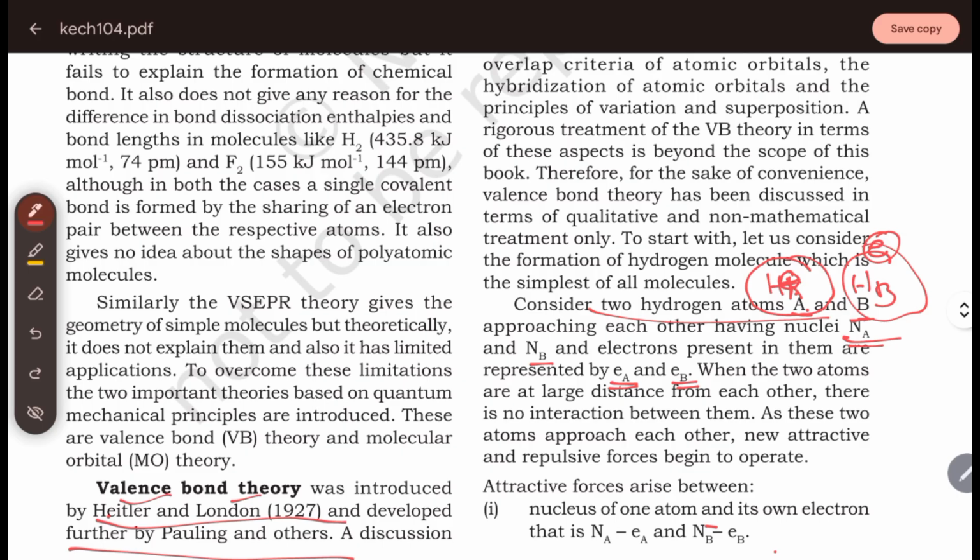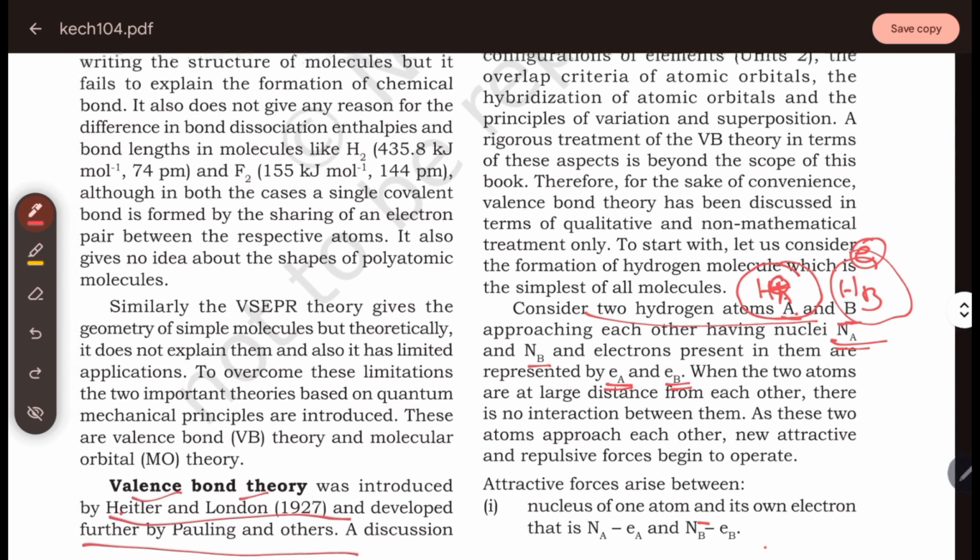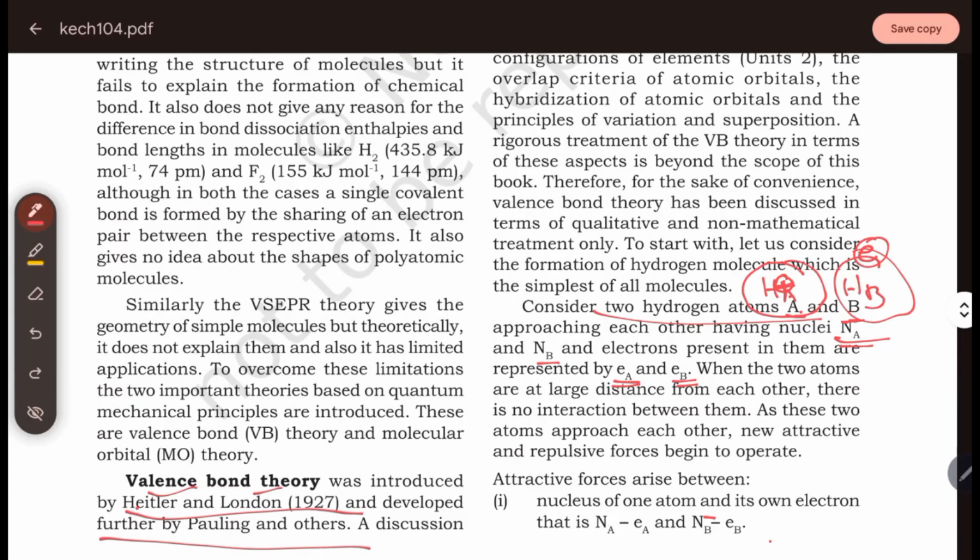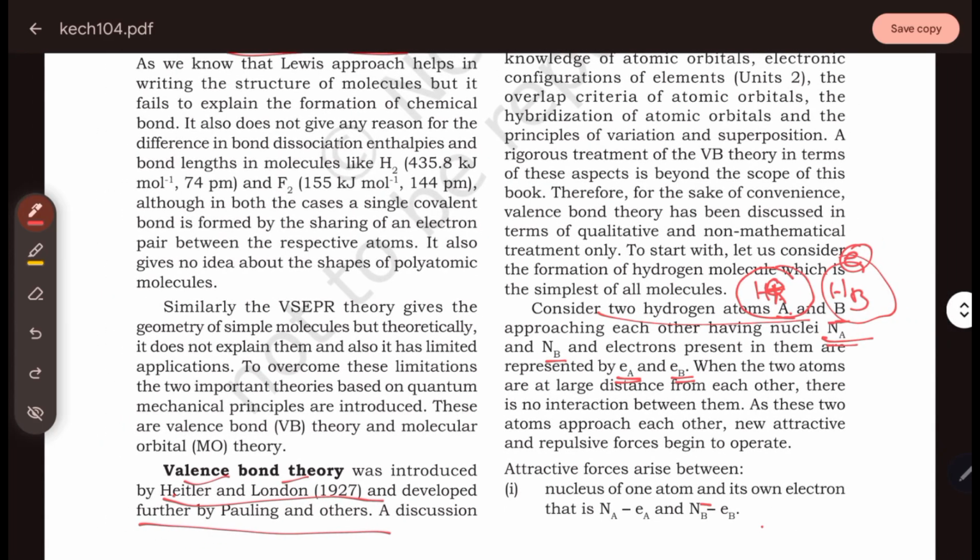Then the nucleus of one hydrogen atom exerts an attractive interaction on the electron cloud of the other. So the nucleus of hydrogen atom A will exert attractive interaction on the electron cloud of hydrogen B, and the nucleus of hydrogen B will exert attractive interaction on the electron cloud of hydrogen A.